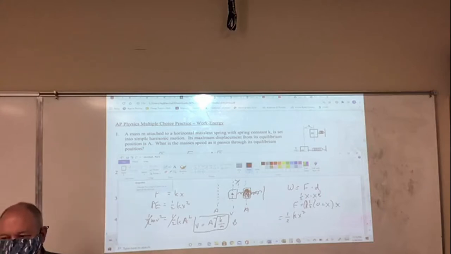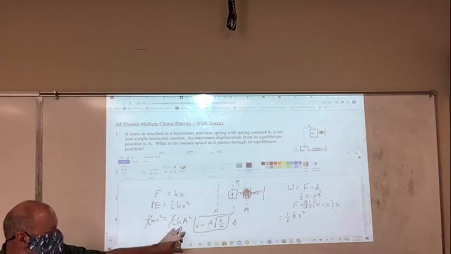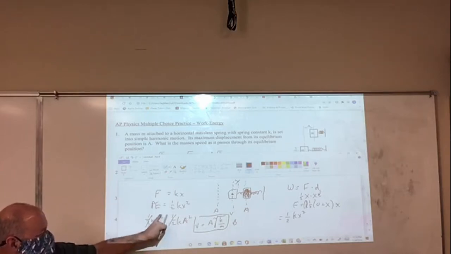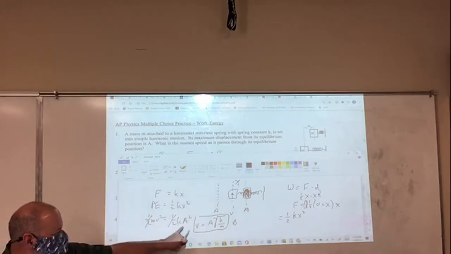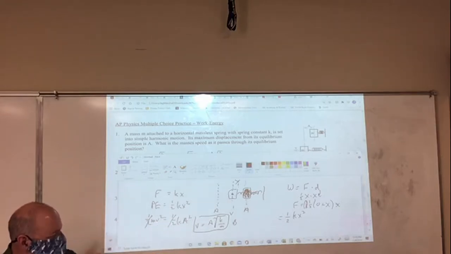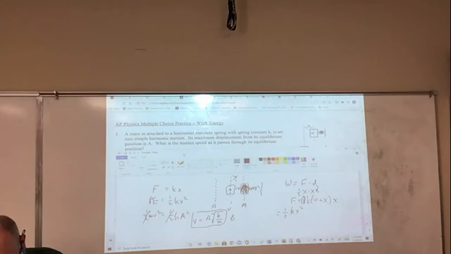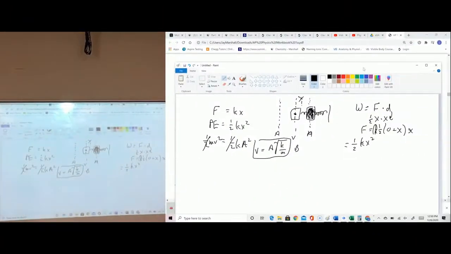A lot of these problems become a lot easier if you can do a lot of this manipulation in your head, and it just takes a little bit of practice. You're just thinking, well, I need to isolate this, so how am I going to isolate that? I need to divide by m, then I need to take the square root, and I know that A is going to come out. And anyway, that just takes a little bit of practice, and you'll get better and better at that all the time.